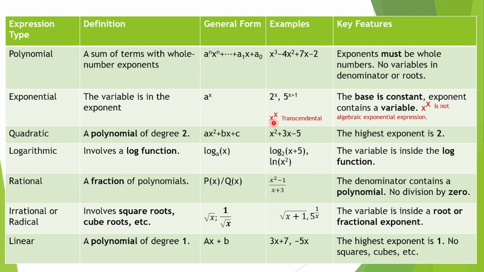So x is a variable in the base and the power is also a variable. A variable in the base raised to a variable in the exponent is not an algebraic expression. This is called transcendental expression and we will discuss it in later videos because this is not the topic of the day.